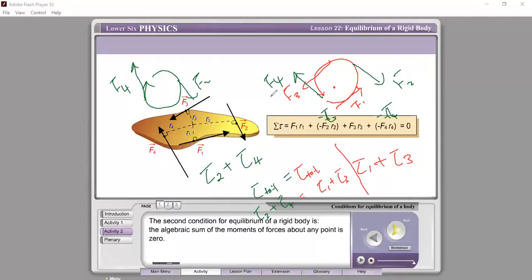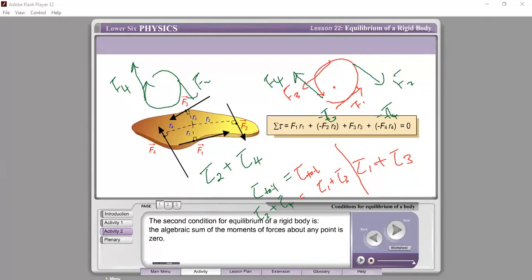If the system is not in equilibrium, it depends on which one is bigger. If the total of F1, F3 is greater than F2, F4, it will be in the direction of F1 and F3. Okay.